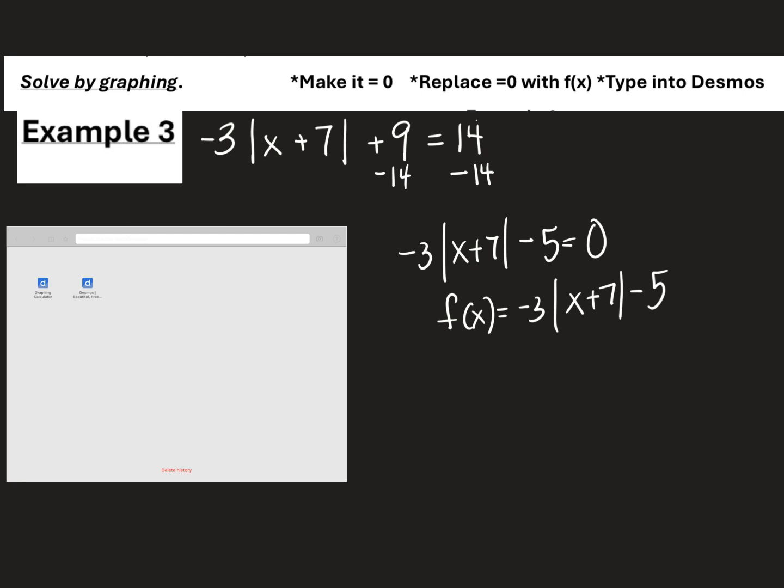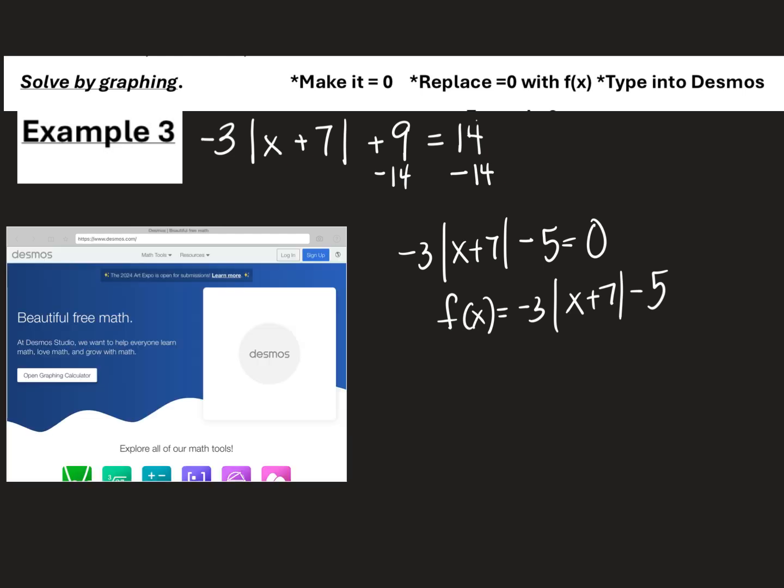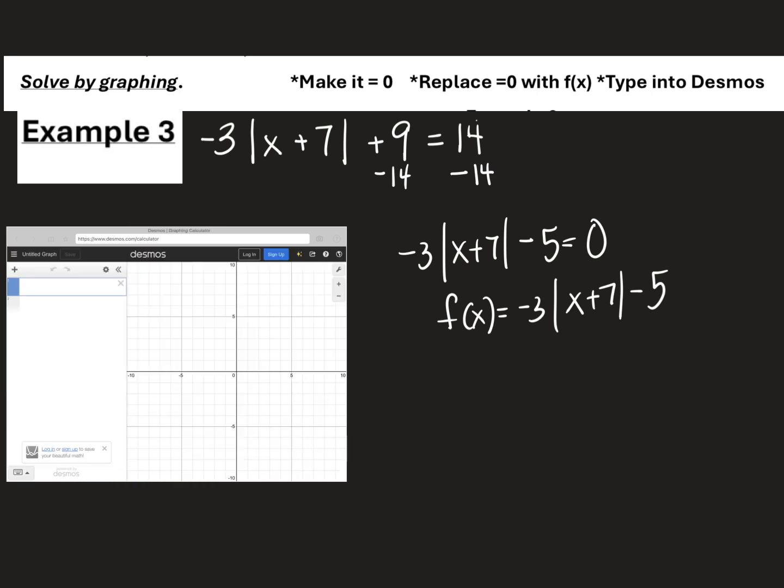Okay. Let's go to Desmos. I had that in there yesterday, but it did not save, so that's okay.